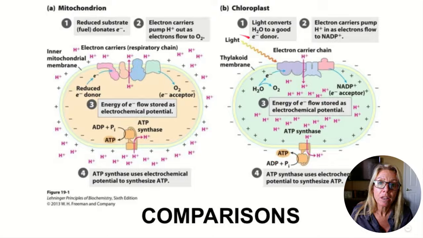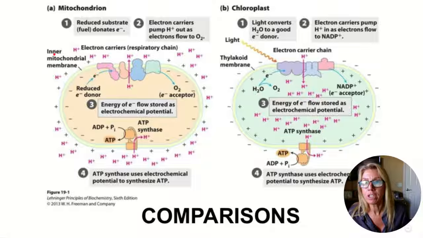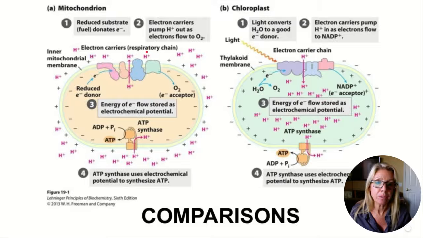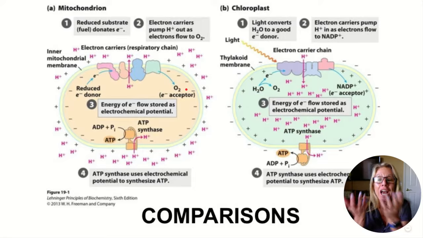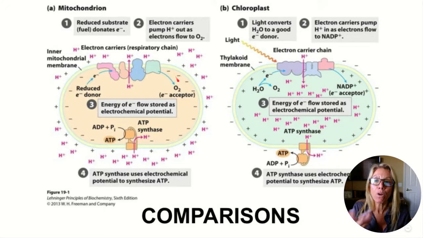Also, you can see light energy is what's exciting the electrons for the electron transport chain, whereas here for our electron transport chain, we're getting reduced substances, NADH and FADH2. Now, notice here in the mitochondria, our final electron acceptor is oxygen. That's why you and I need oxygen as the final electron acceptor, and it forms water.